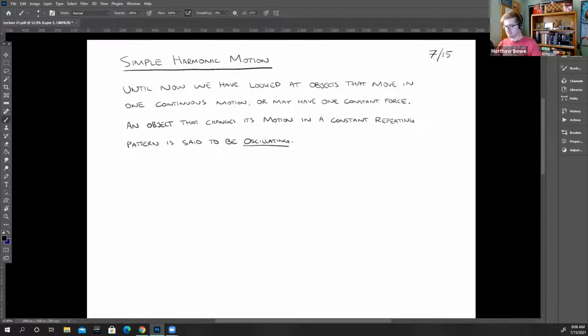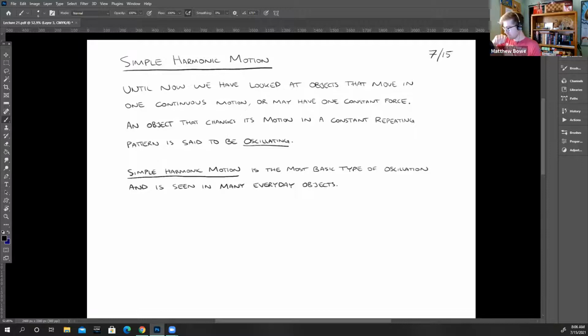But if we had this perfect system, this oscillating motion would continue forever, and it would always be the same. It would consistently move at the same rate. This type of motion, if it's basic enough and not doing anything too crazy, is called simple harmonic motion.